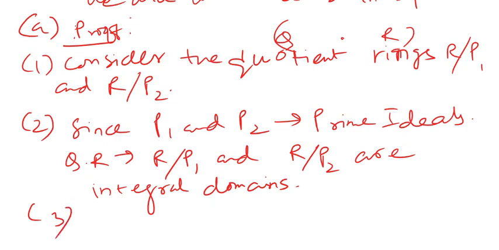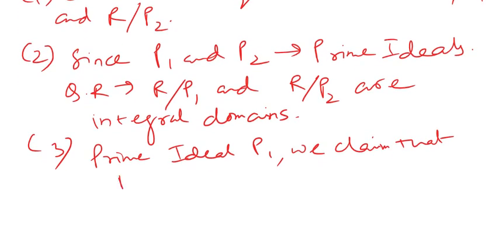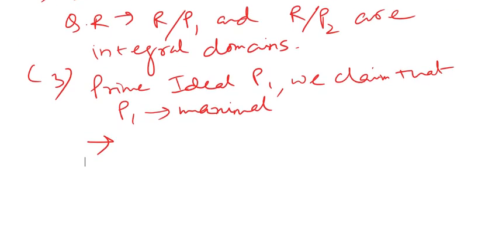And point number 3 is, now consider the prime ideal P1. We claim that P1 is maximal. Here some points are to be stated.